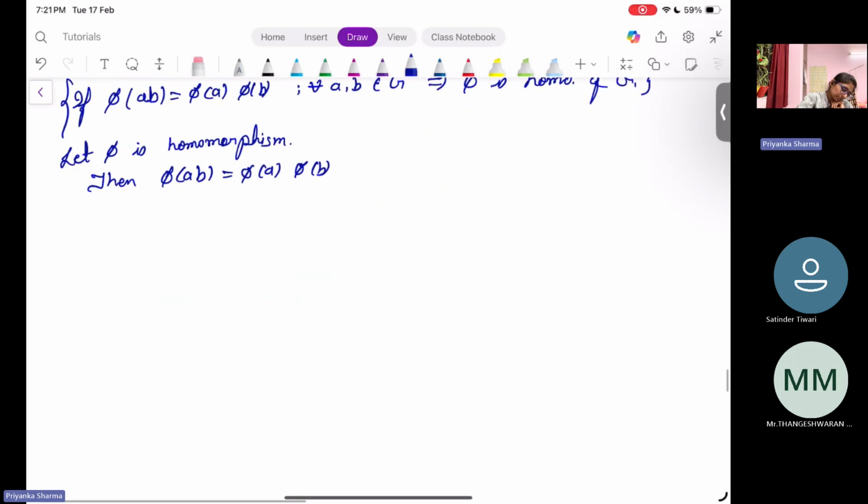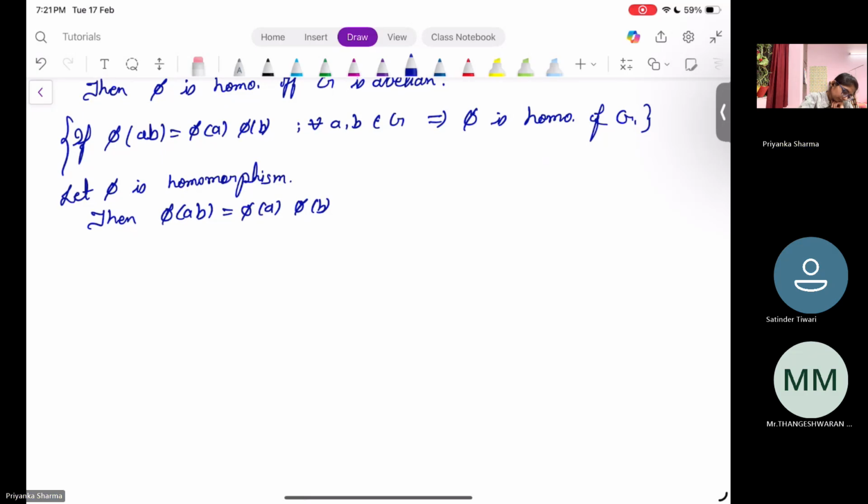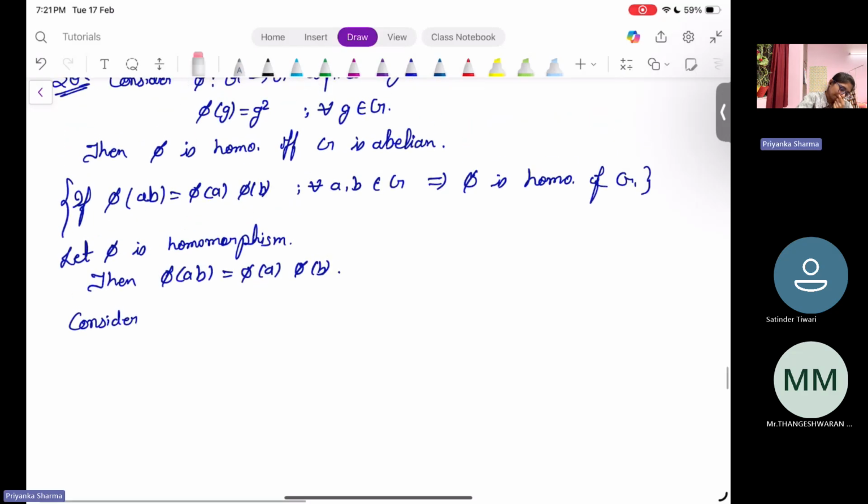Now we need to check G is abelian. So we need to consider ab, like ab should be ba. We need this. So what is phi of ab? Phi of ab is ab square by the definition. This is one.